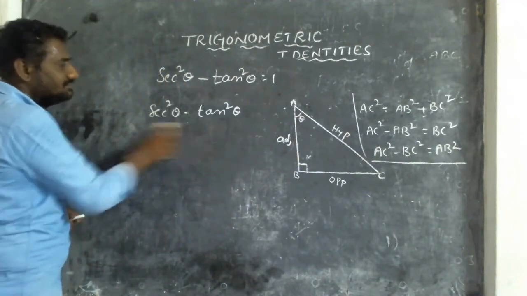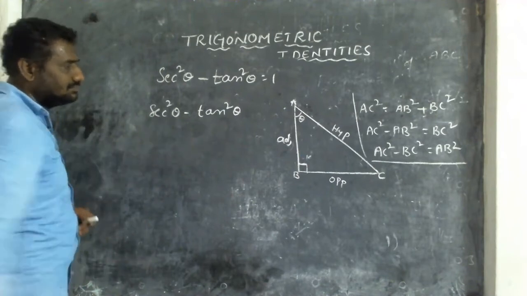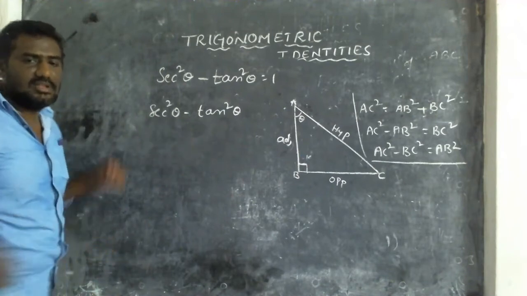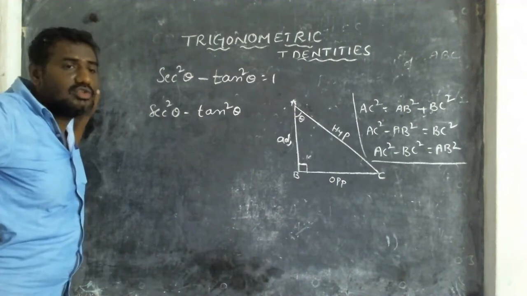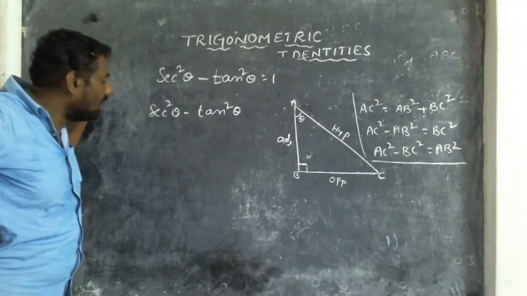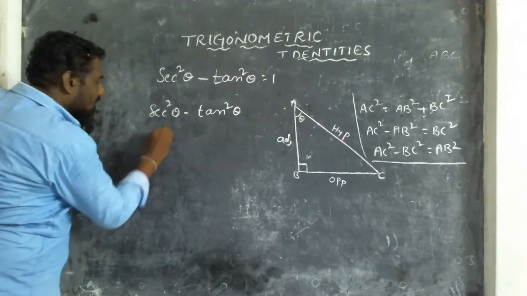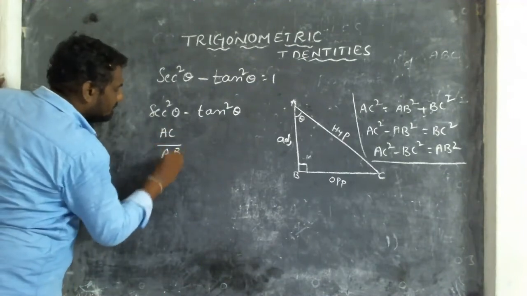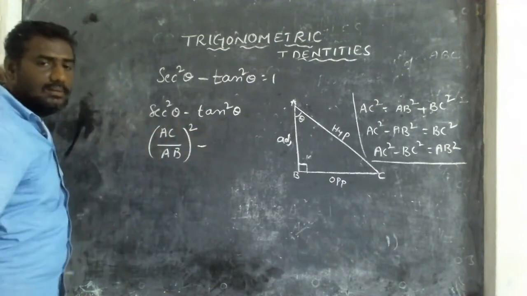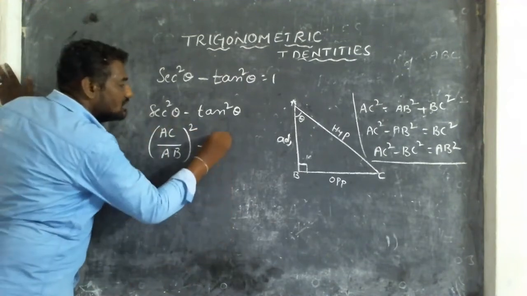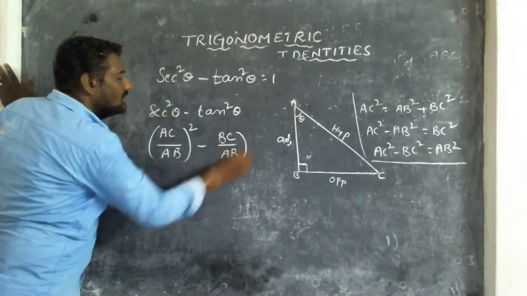What is the sec formula? Tell me the sec formula. It is hypotenuse by adjacent. But what have I written? Wrong. Sec is hypotenuse: AC by AB whole square. Tan formula: BC by AB whole square.